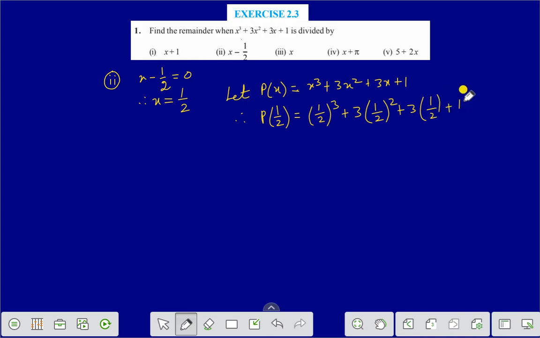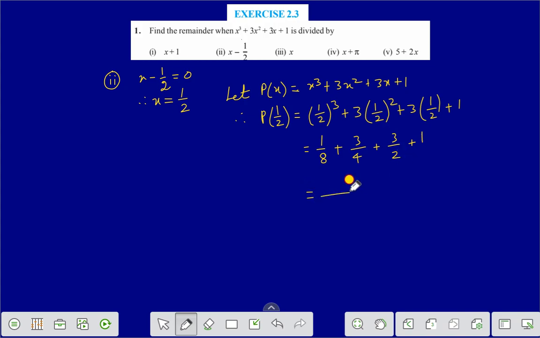Therefore we are getting 1 by 8 plus 3 by 4 plus 3 by 2 plus 1.